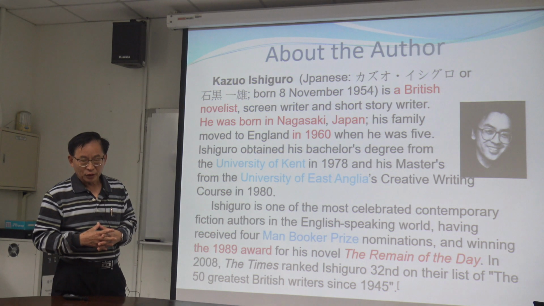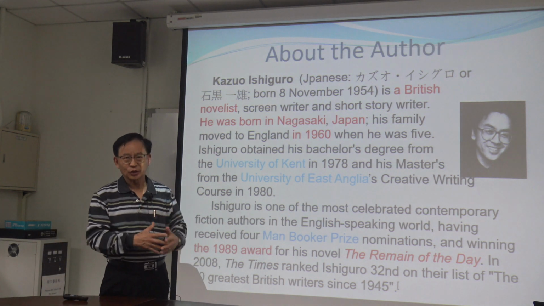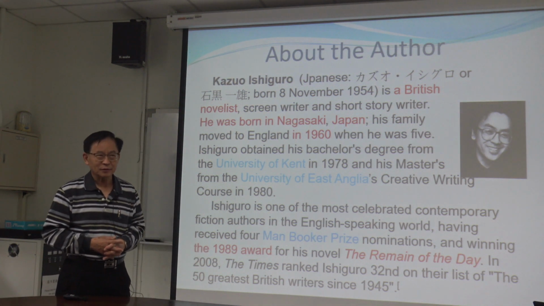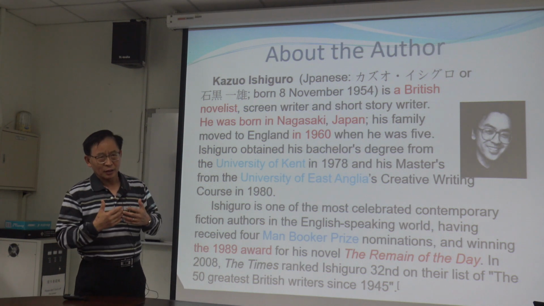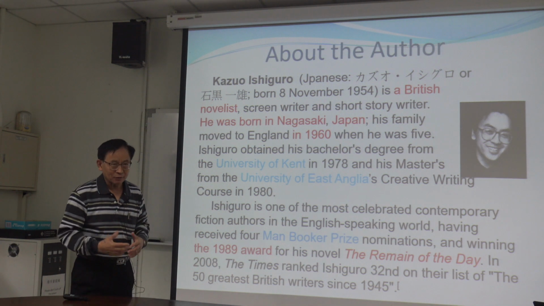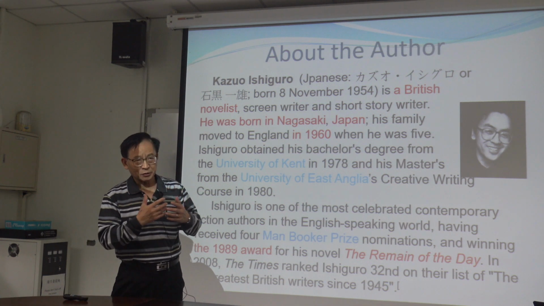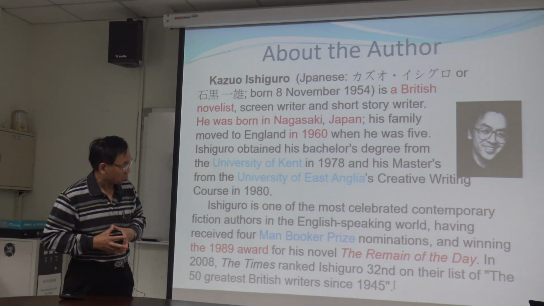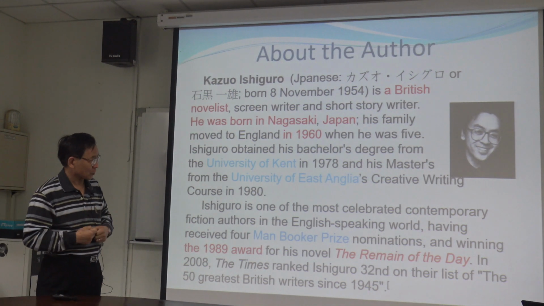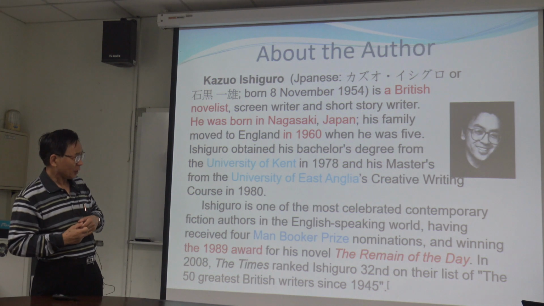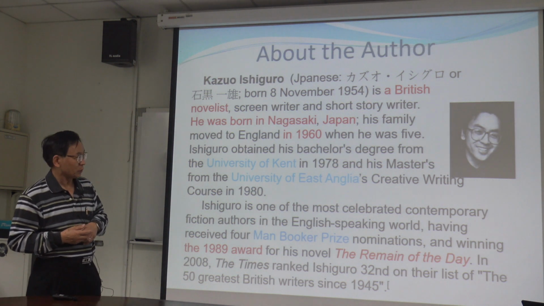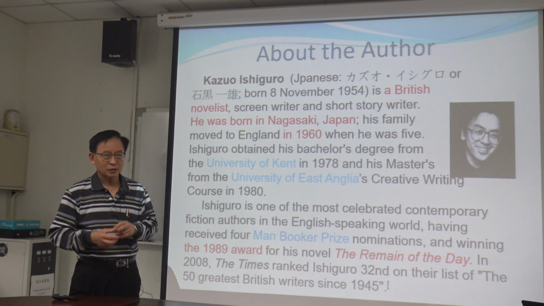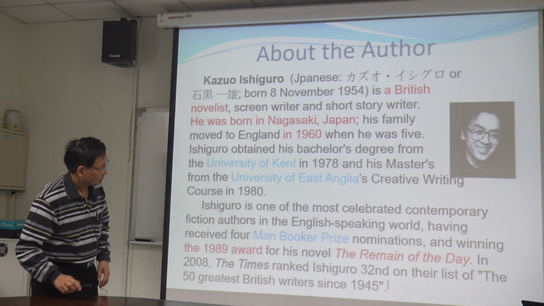He was not born in the UK, in Britain, in England, but because of his educational background and literary achievement, he has become a very well-known English writer. You might remember that 2 years ago, he was awarded the Nobel Prize in Literature, Ishiguro.